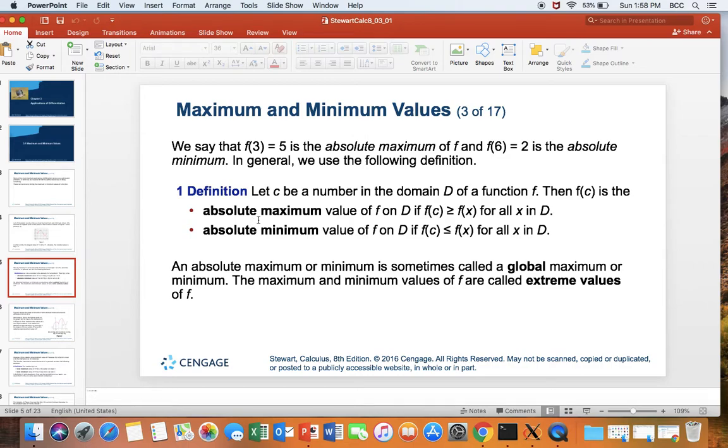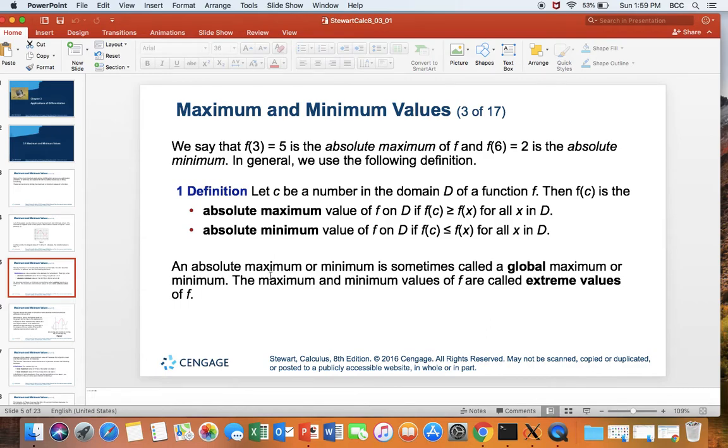So again, the definition: f(c) is the absolute maximum value of f on your domain D if f(c) is greater than or equal to f(x) for all x in D. Likewise, f(c) is called the absolute minimum value of f on D if f(c) is less than or equal to f(x) for all x in D.